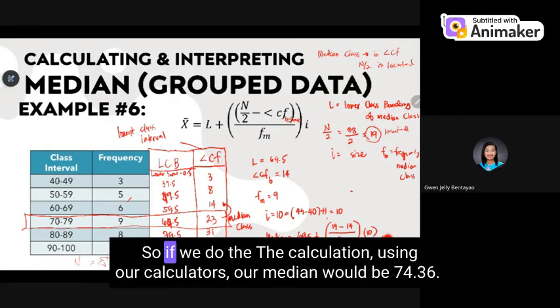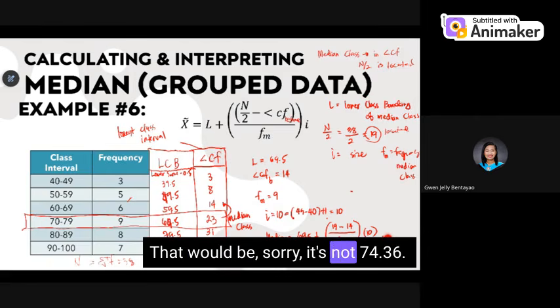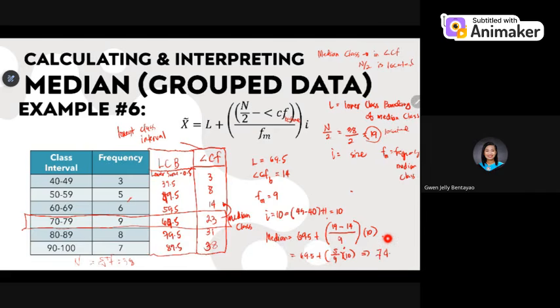So if we do the calculation using our calculators, our median would be 74.36. Or, sorry, it's not 74.36.